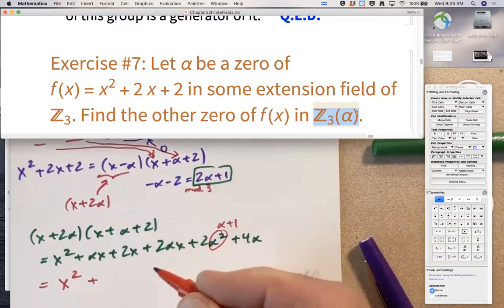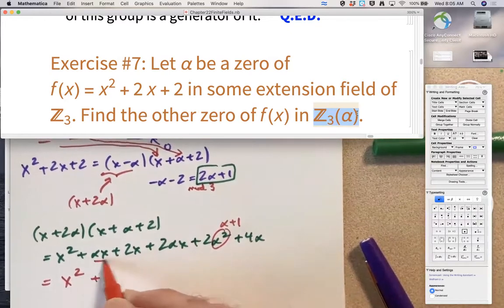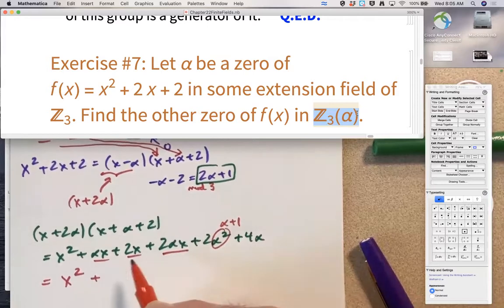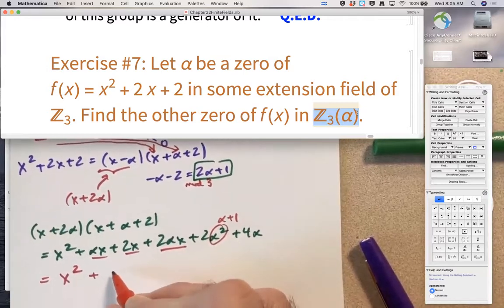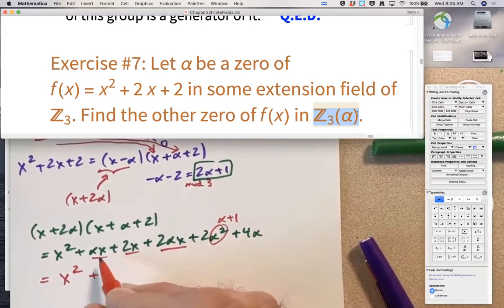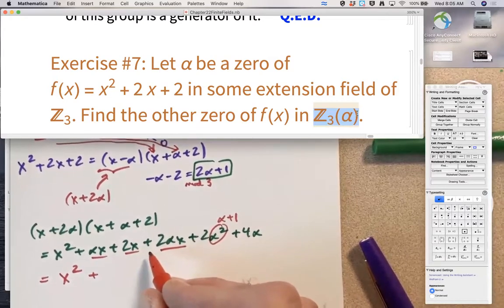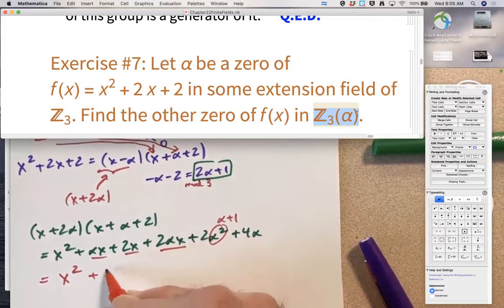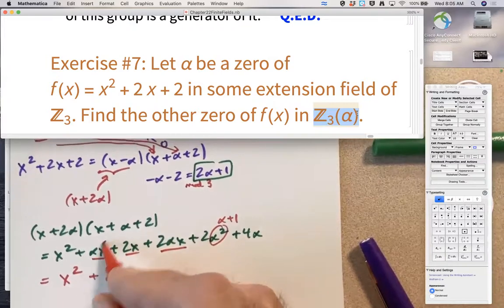What's the x term? It comes from here, here, here, and those 3 terms give you the x term. It looks like that's going to be, well, 2 alpha plus 2 alpha is going to be 3 alpha, which is 0, mod 3. So the only x term is the 2x term right there. This cancels with that.